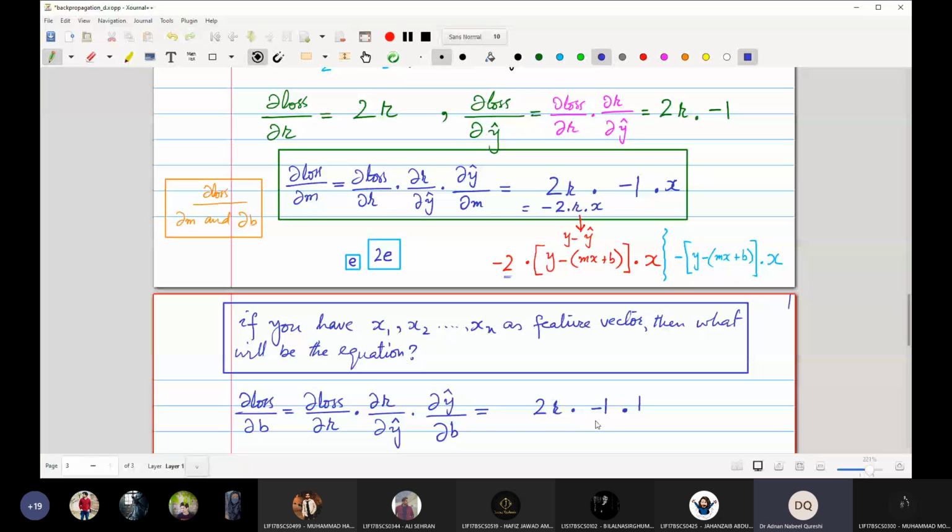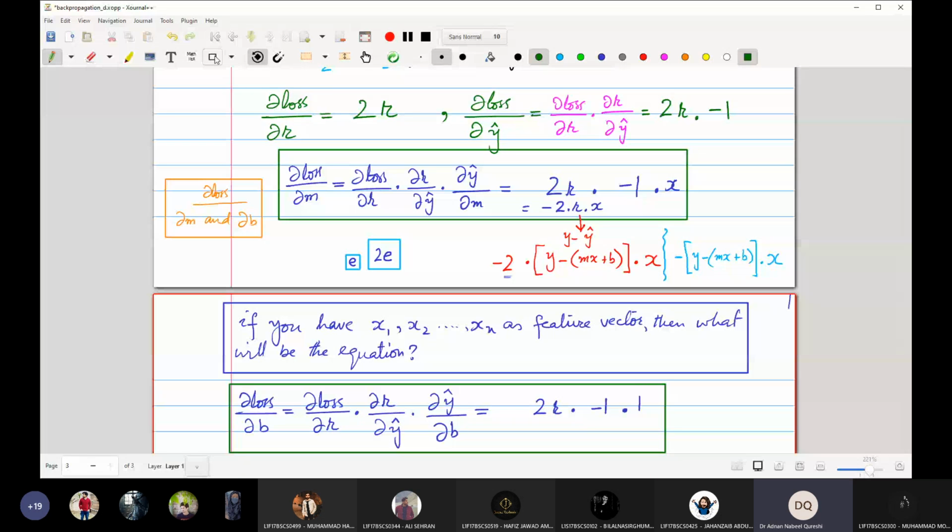And just like before, if we have to write it in a simple manner, -1 into 1 is -1 into 2, this is -2r. इसे अगर आप कंपेयर करें with the other one, the difference is there is no x over here, क्योंकि x के अंदर directly b के equation में कुछ नहीं हो रहा.